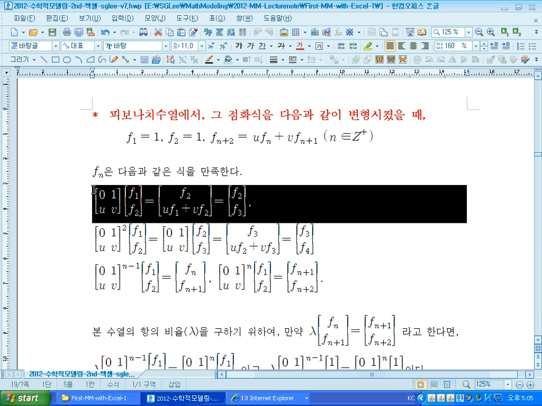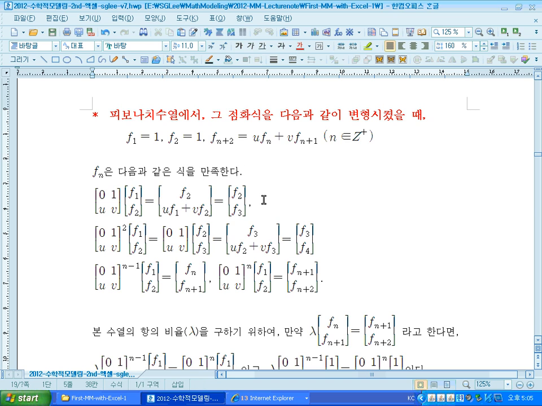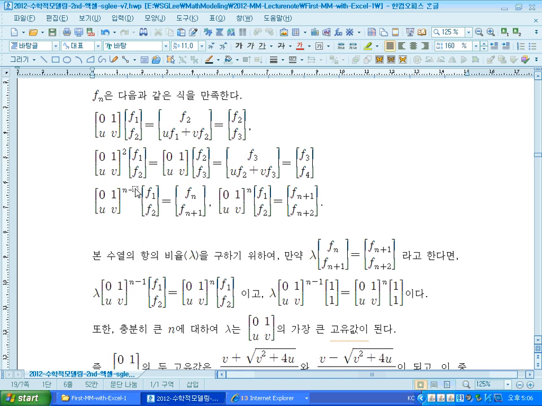Then we can formulate it in a matrix form with this matrix 0, 1, u, v. So if we multiply this matrix on F1, F2, then it will be changed to F2, F3, and if we square it, then it will go to F3 and F4, and to the power n minus 1 makes Fn plus 1, Fn plus 2, like that.